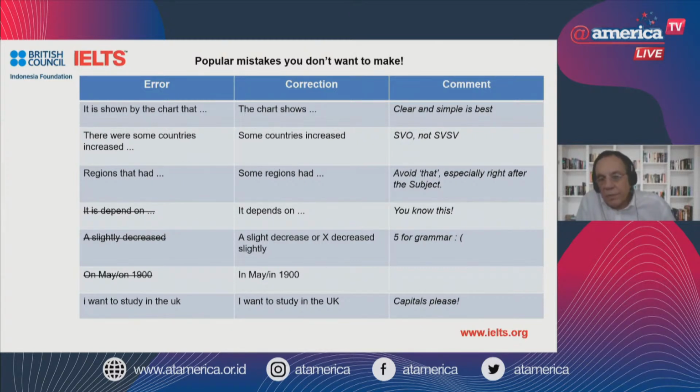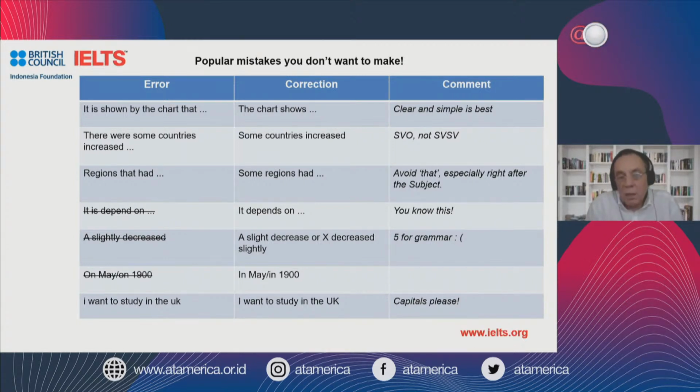So are you sure of it? So ask yourself, and if you don't know, then go and find your old grammar book and check it out. It should be either a slight decrease, noun, or X decrease slightly. The slight becomes an adverb. And this sounds super mean, but if I saw two mistakes like that, I would very often award 5 for grammar. So do be careful on that one.